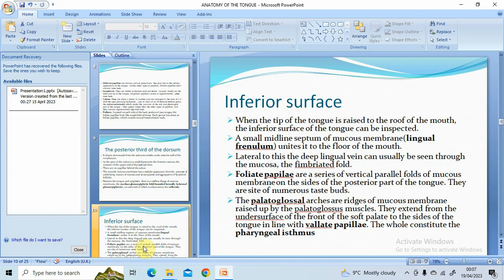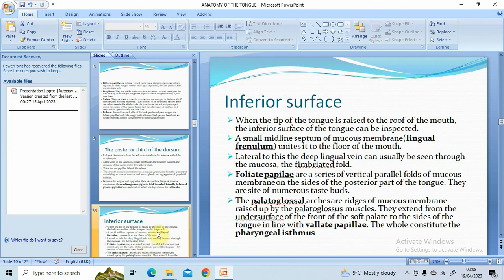So lateral to this, you see the deep lingual vein, very visible. The vein is accompanied by the lingual artery and the nerve, but the lingual artery and nerve are not visible, but the deep vein is visible.